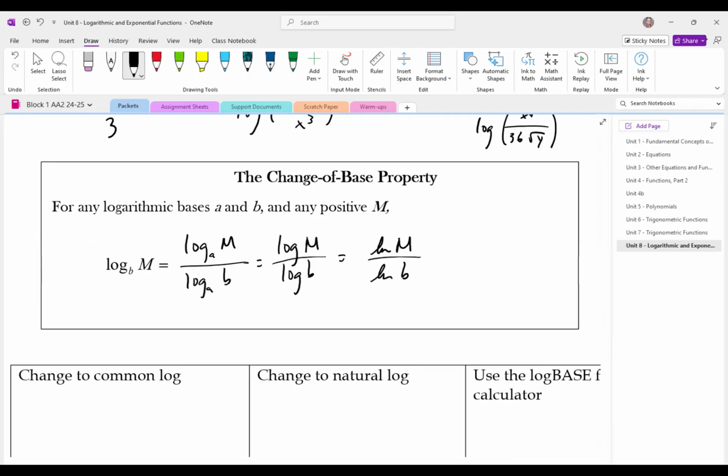If you look at the orientation of the original M, it's above that, and B goes on the bottom. And then the bases, just make sure it's whatever you want. If you want a base 4, you got it. Log base 4 of M over log base 4 of B.